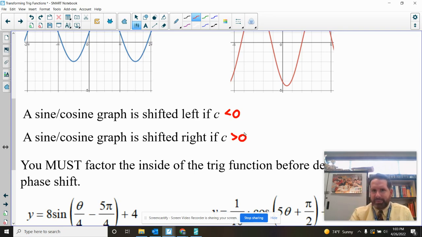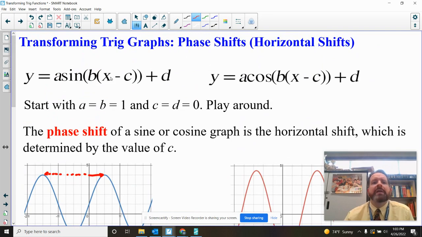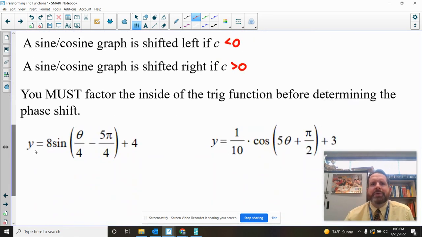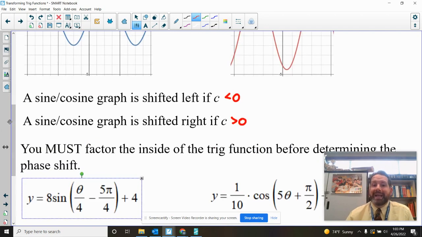Now, here's what makes that a little bit tricky. Notice that in the equation, it's x minus the C value. So if you do, for example, minus a negative, it actually looks like a plus. And if you do minus a positive, it actually looks like a minus.